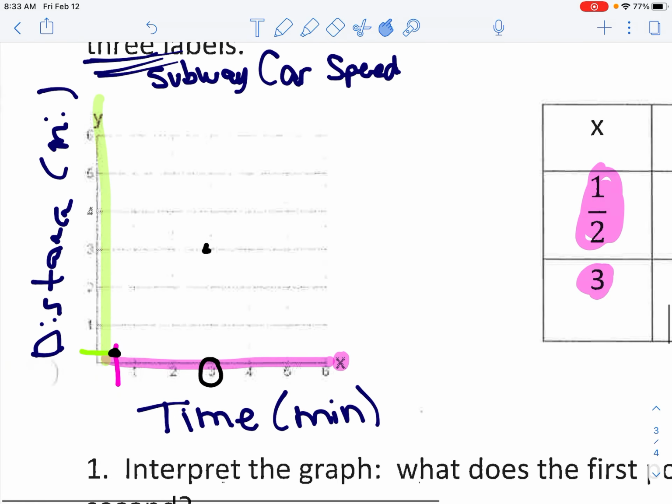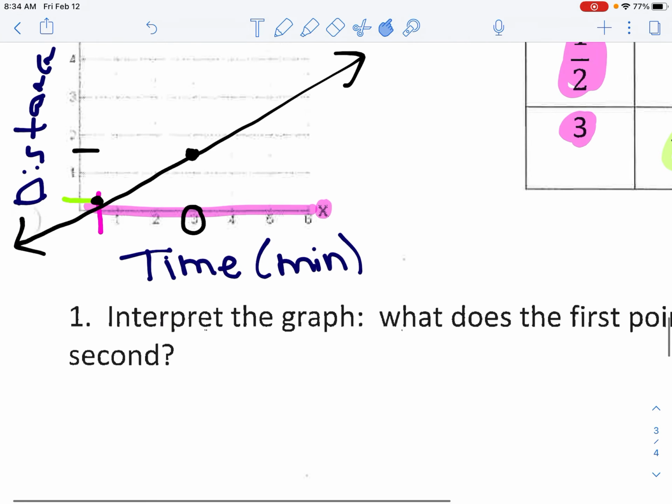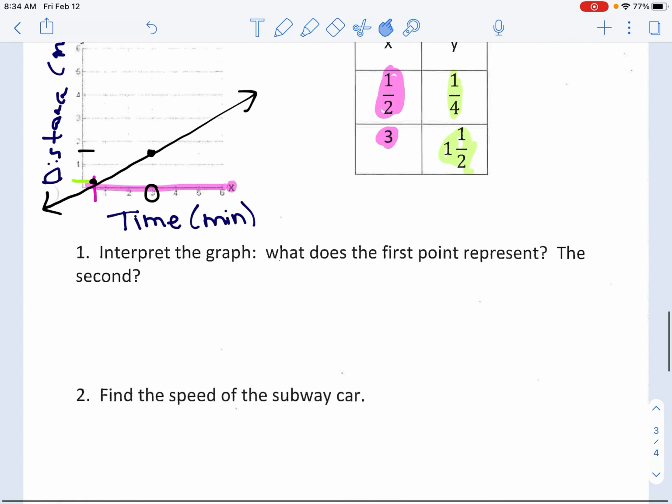Okay, so 3 on the x, 1.5 on the y. So I'm going to go up from 3, over from 1.5. So that second point would be right here. So now what I'm going to do is connect those 2 points with a line so I can see the progression of the speed of the subway car.